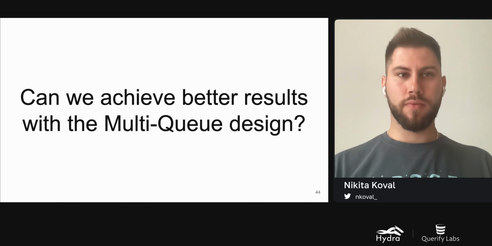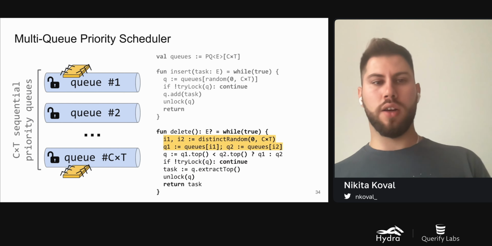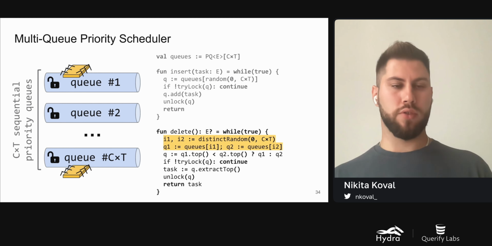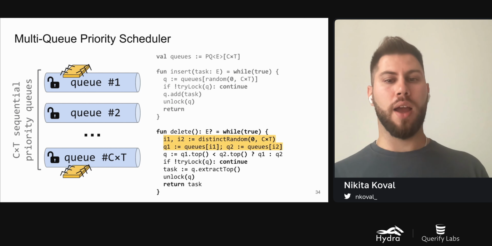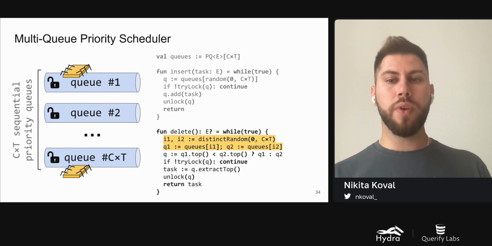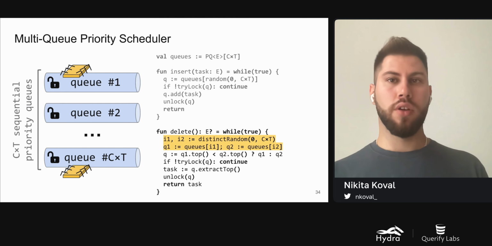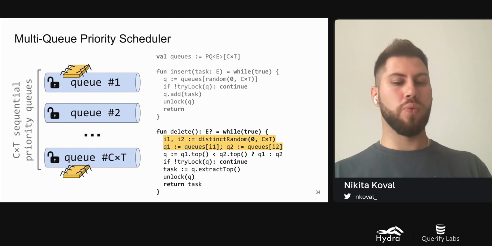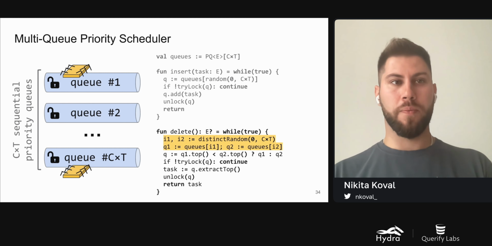So, yeah, thanks for the question. So here, in the extraction procedure, we choose two random queues, and we choose the task with the higher priority. If we look at just a random queue, then the solution will not be so fair.